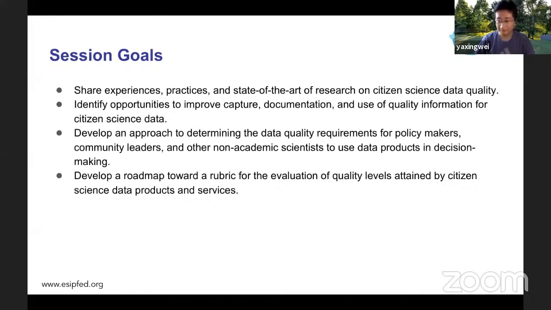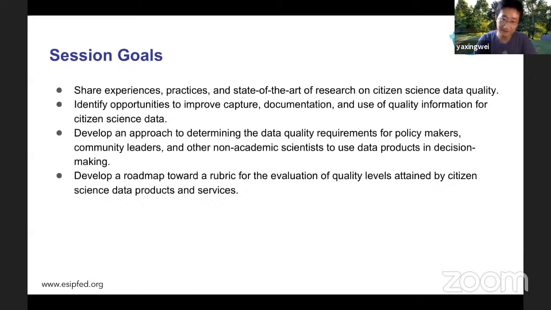So a brief summary of the session goals. We want to share experience, of course, practices, and the state of the art of research on citizen science data quality, and also identify opportunities to improve the capture, documentation, and use of quality information for citizen science data.